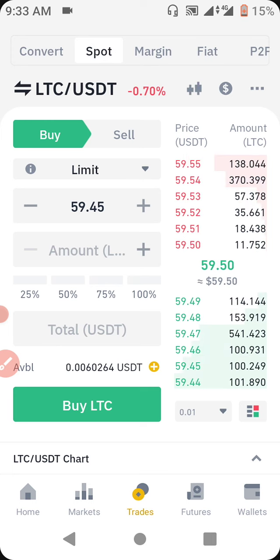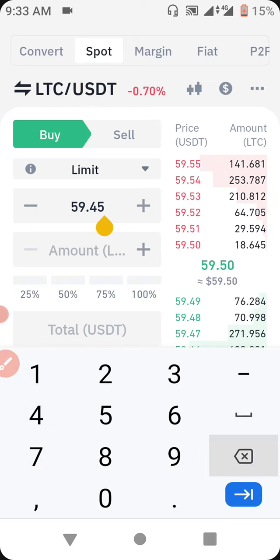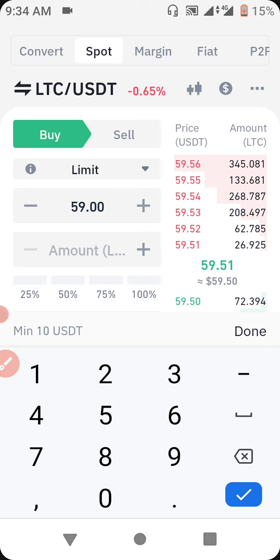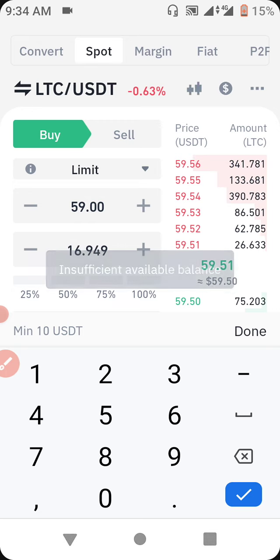So now, if you want to buy, is a very good time to buy, but it can still go lower. So you can buy at, let's say, 59.00. We buy now. We use, let's say, 1,000.